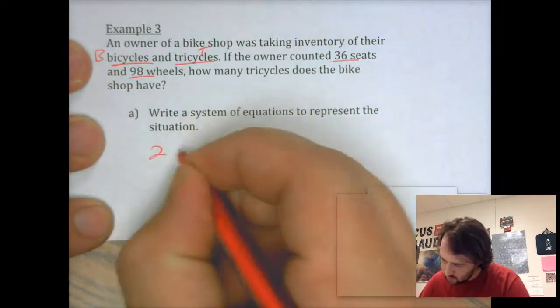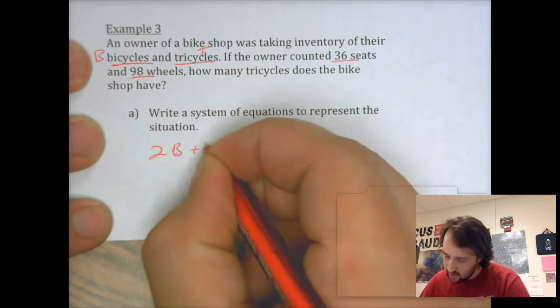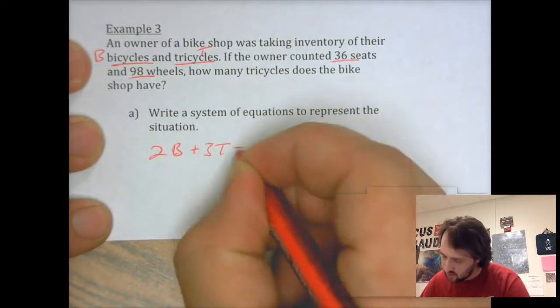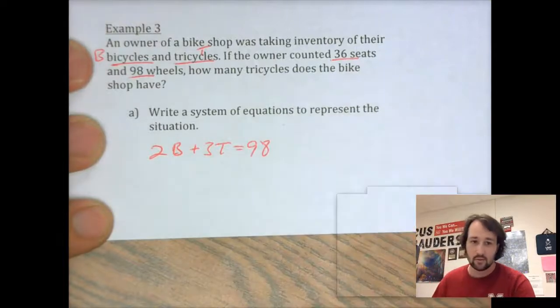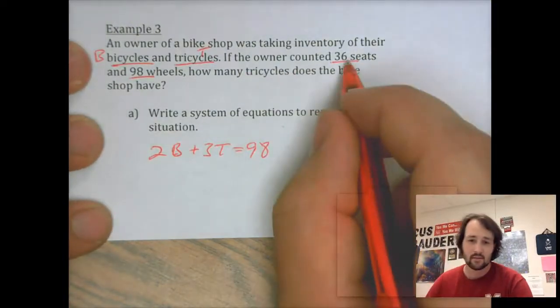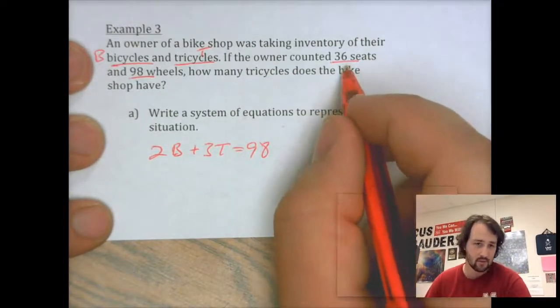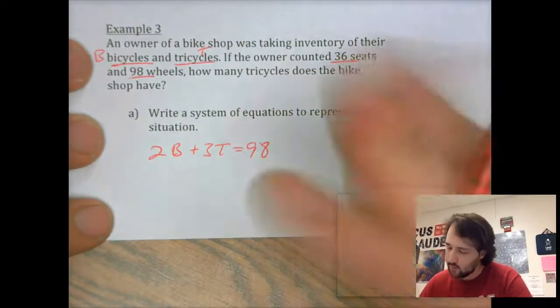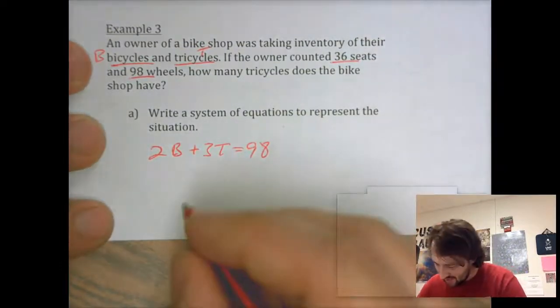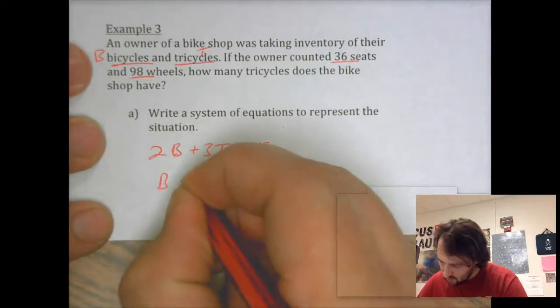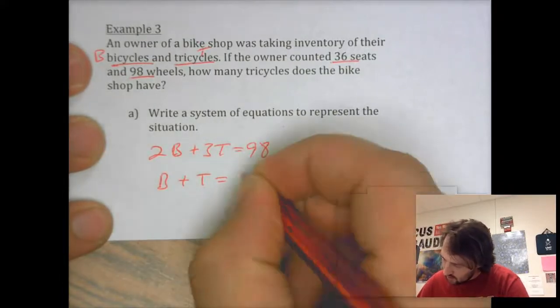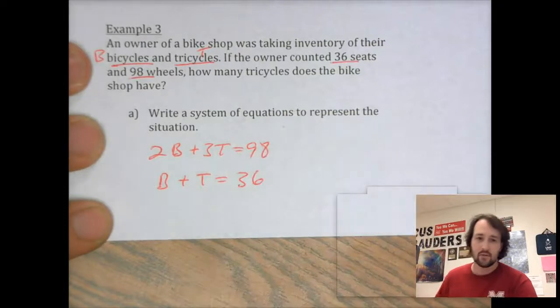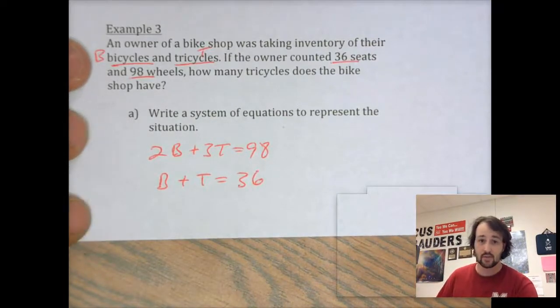So if I do 2 for every bicycle and 3 for every tricycle, there should be a total of 98 wheels. And then for the seats, a bicycle only has 1 seat, and so does a tricycle. So bicycles plus tricycles has a total of 36 seats altogether. That's really it. That's all the system of equations that it is looking for.